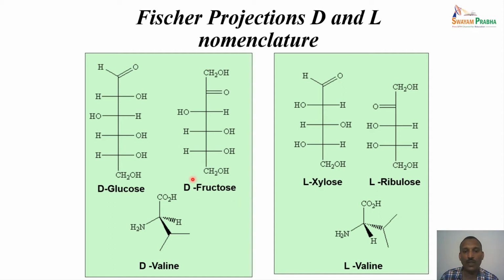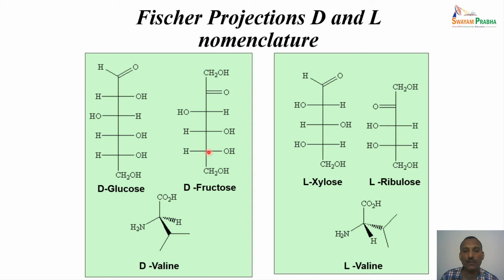And when we look at the D-fructose, there is one challenge, because if you look at the top carbon, this is the CH2OH, which is a primary alcohol. The bottom one is also a primary alcohol. So in this particular case, whether this group will come at the top or this one will come at the top is the competition. But in that case, we have to look at the second carbon. So in this second carbon, we have a ketone.